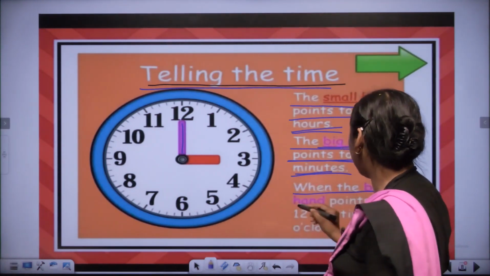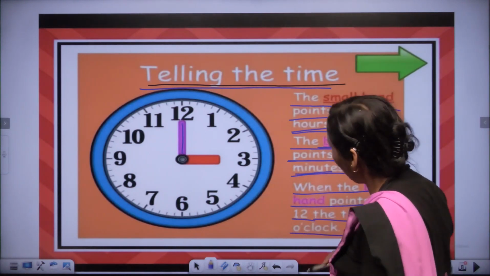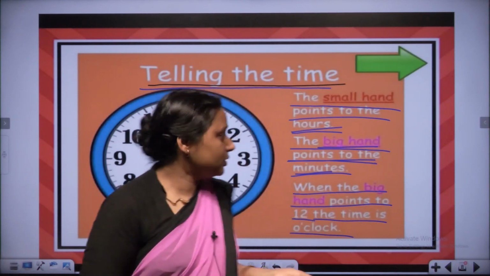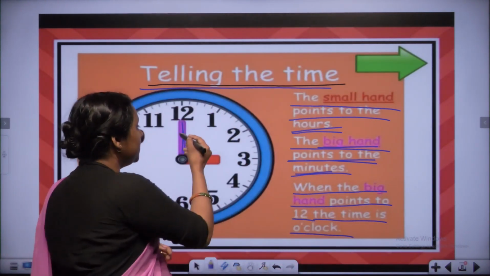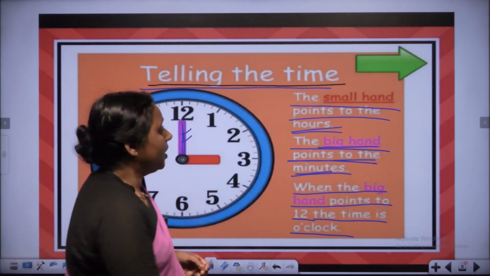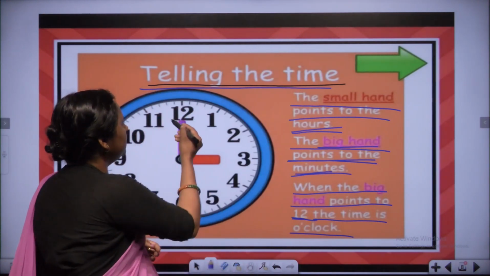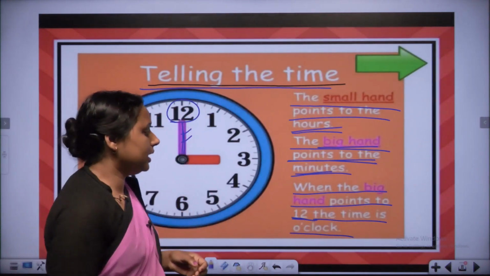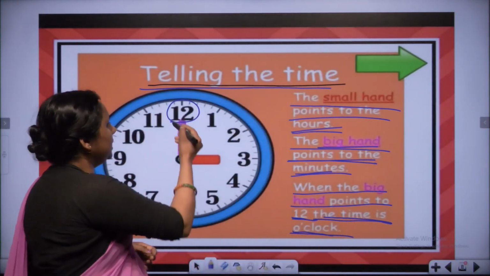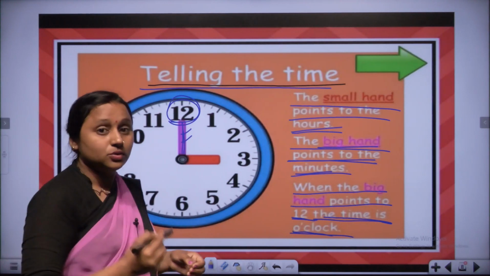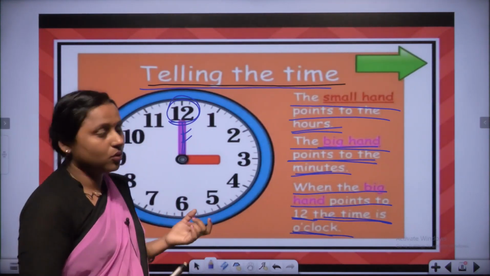When the big hand points to the 12, the time is o'clock. Can you tell me which one is big? Yes, this one is big. Yes, this is the minute hand. Okay. When the big hand points to 12, where is the 12, right? Yes, here. Okay, the time is o'clock. When the minute hand goes to 12, what do we read? Yes, we read o'clock.